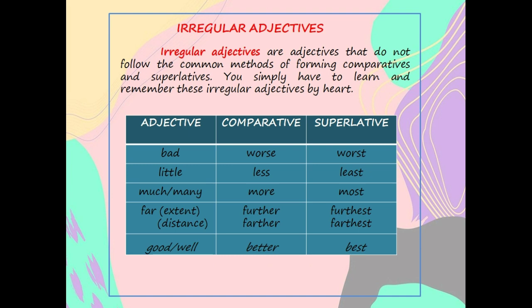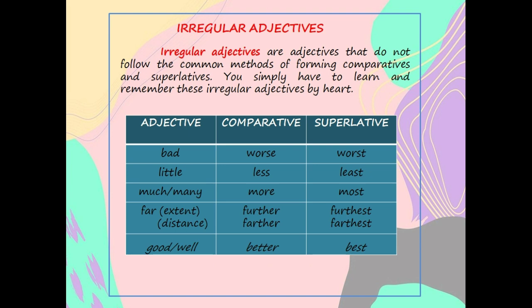So far, which means extent, further, furthest. Far, which means distance. The comparative degree is spelled F-A-R-T-H-E-R, farther. And the superlative is farthest, which is spelled F-A-R-T-H-E-S-T.